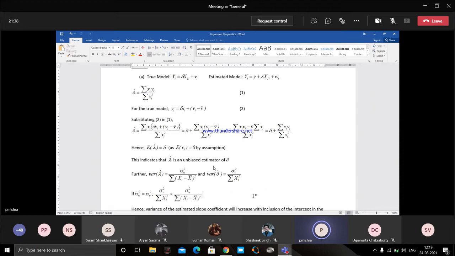Because in the original model we don't have the intercept, the number of parameters we are estimating is actually 1, one coefficient. So it is n minus 1. For the estimated model, we have the intercept, so it is n minus 2. So it's an empirical question how these two variances will differ.